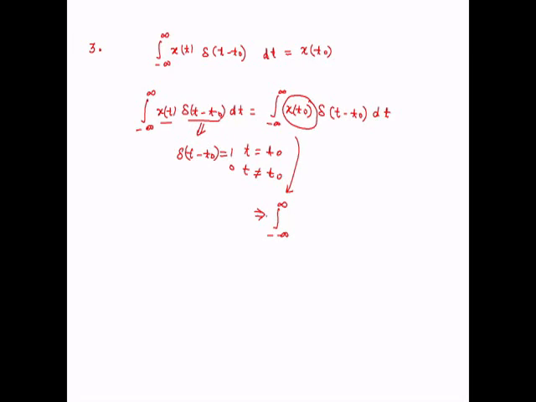we can take x(t naught) common out of that, and we can write delta(t minus t naught) with respect to time.